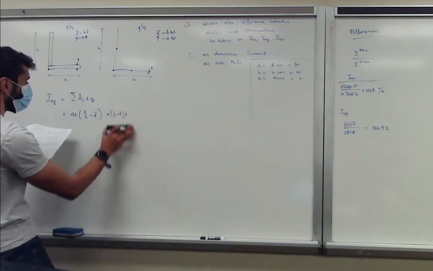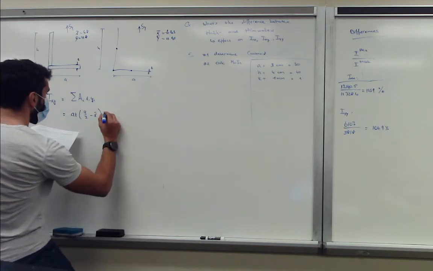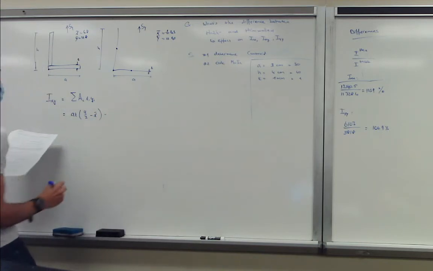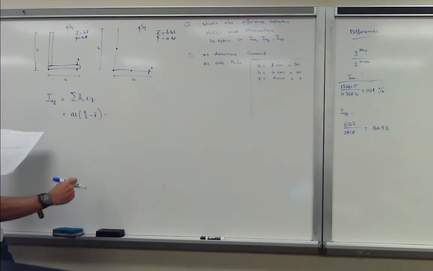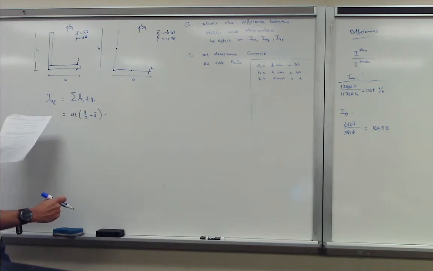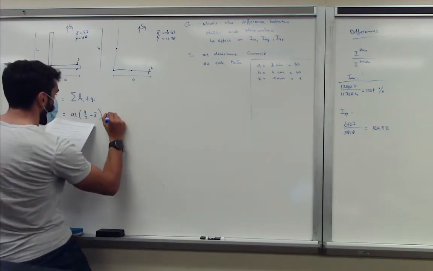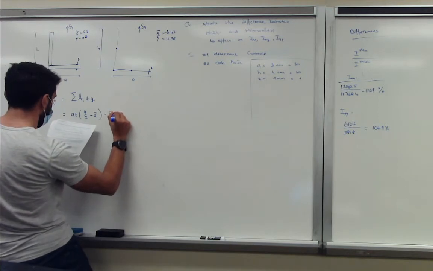Oh sorry, this is multiplied by y bar, and that was y tick minus t over 2.